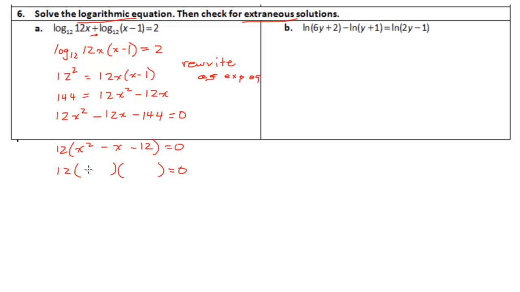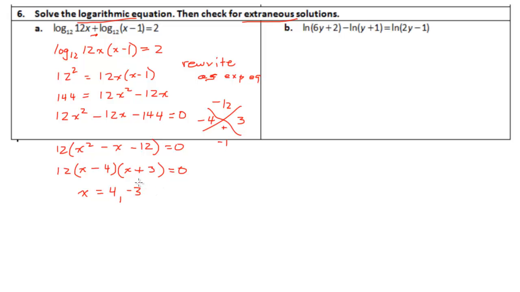We bring in the x, factors of negative 12 that add up to be negative 1. So negative 4 and 3 work. So our solutions to this quadratic equation are x equals 4 and negative 3.